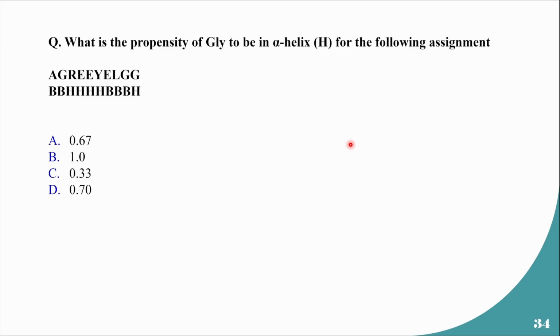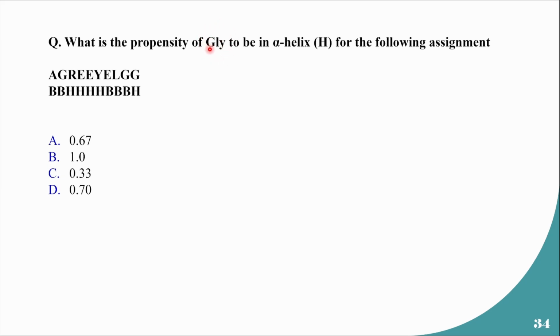Another type of calculation we can do, since we are talking about secondary structure formation, is this: for secondary structures, which amino acids seem to be more prominent or more important in certain types of secondary structure formation than others? That is the sort of inference you can obtain from this type of calculation.